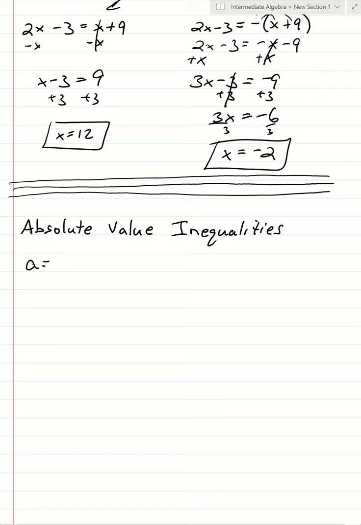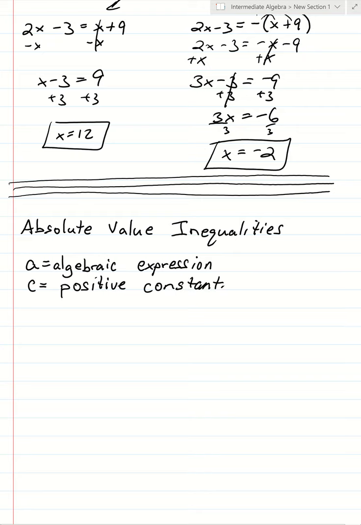Once again, A is going to represent some algebraic expression in the problem. And C is going to once again represent some positive constant, just like before.